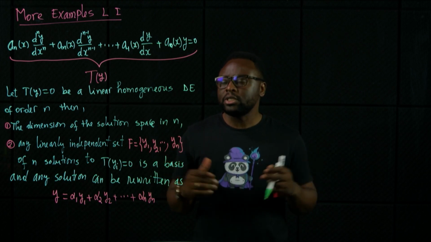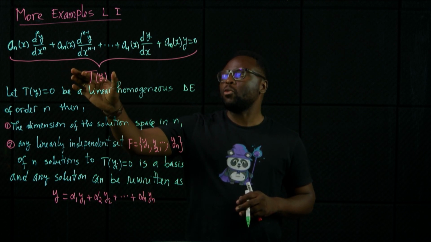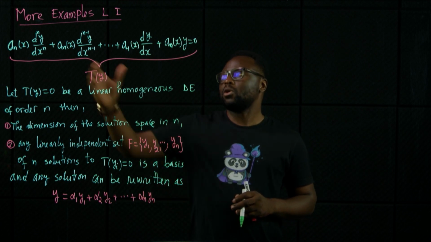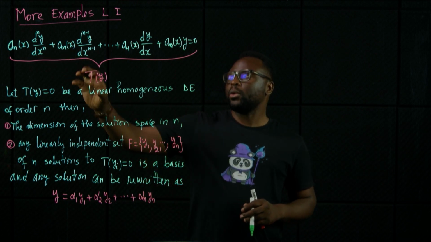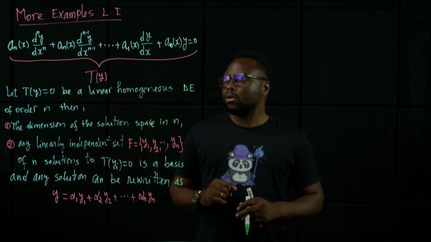So as we saw in the previous video, this function T of y is a linear homogeneous differential equation of order n. Now if we consider T of y equals 0, then we have the following.